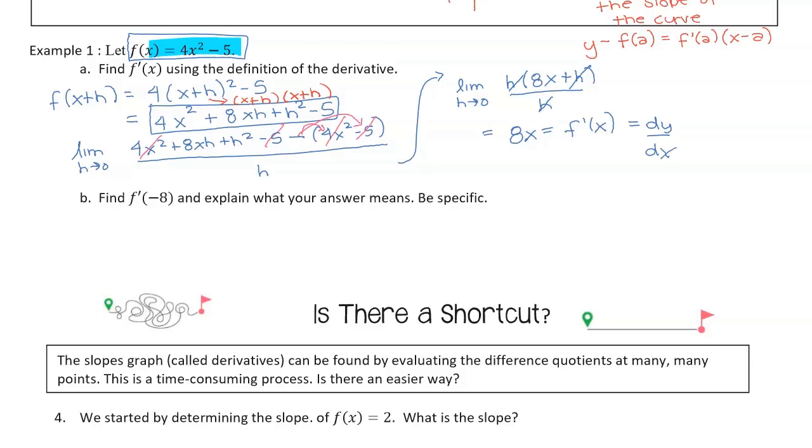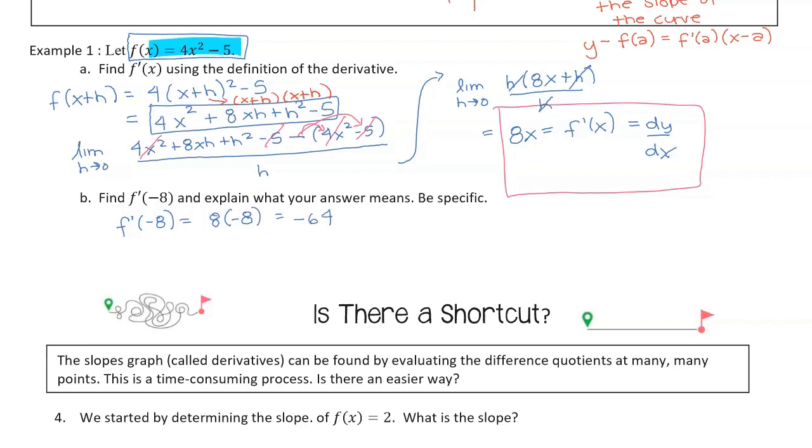Question B says to find f prime of negative 8 and explain what that means. Well, now I have the derivative function right here. So I just need to plug in the negative 8. So f prime of negative 8 is going to equal 8 times negative 8. This is negative 64.